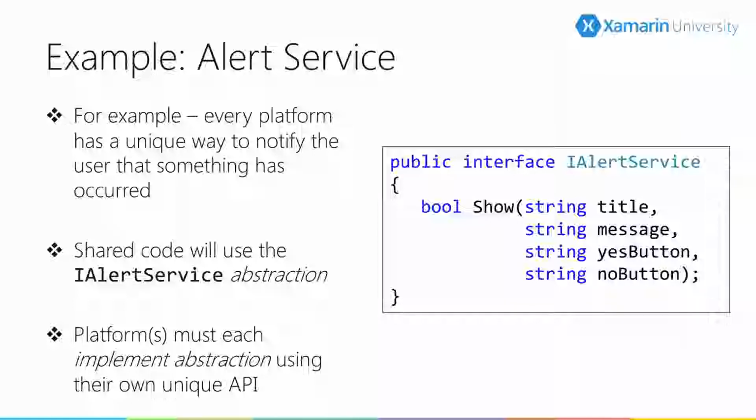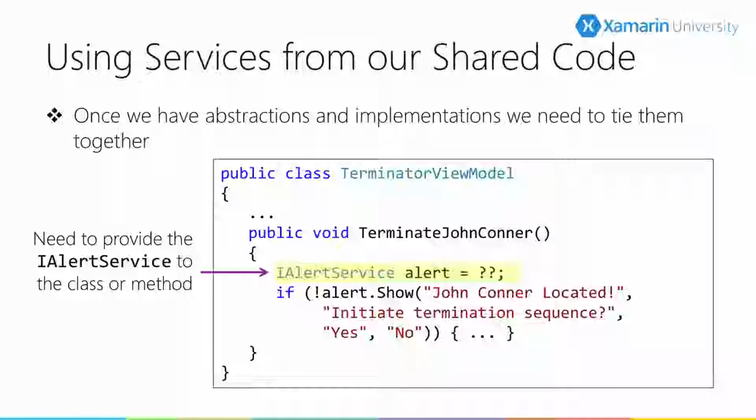On iOS, we would have something like UIAlertController or UIAlertView. The problem, however, is when we say we are coding against this interface, how would we get a concrete implementation of that interface? It's nice to have this idea of, yeah, I'm just using the IAlertService interface and I call the show method.